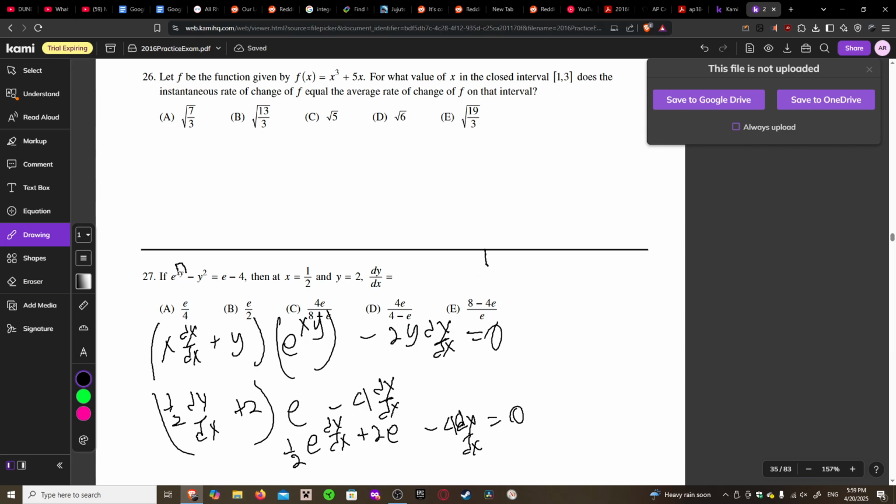Which means dy dx, 1/2 e minus 4 dy dx, minus 4 is equal to negative 2e.